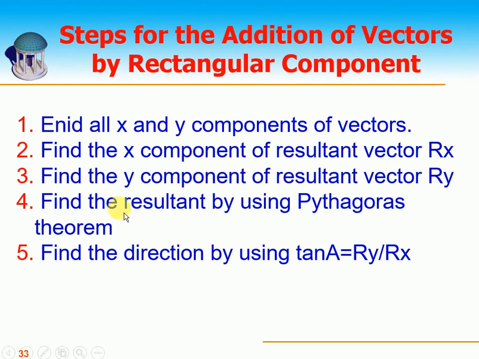Using the Pythagoras theorem, R is equal to the square root of Rx squared plus Ry squared. And finally the angle, tan theta is equal to Ry by Rx from the positive x-axis. Of course, the angle from the positive x-axis is taken counterclockwise positive.